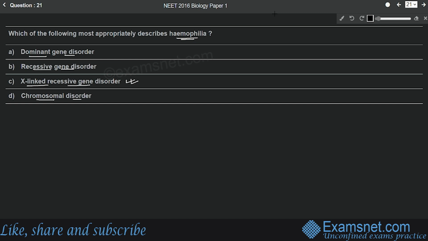Okay, because we know that the gene related with hemophilia is always present on the X chromosome. Let's write it down here. Gene for hemophilia is present on the X chromosome.